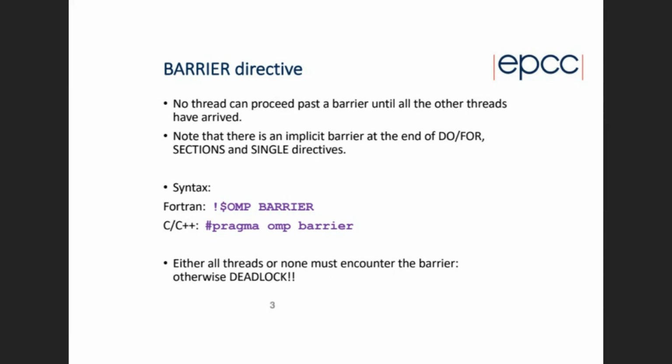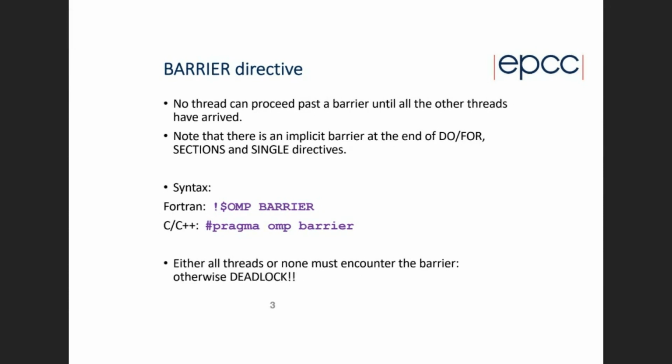And we've already seen this in action because there's this implicit barrier at the end of the work sharing directives, so do, for, sections, which I haven't actually talked about and nobody really uses these days anyway, so don't worry about that, and the single directive, for example. So there are these barriers implicit in those constructs.